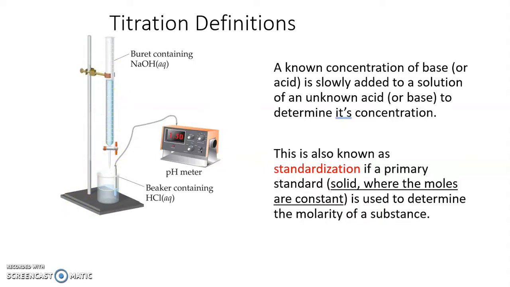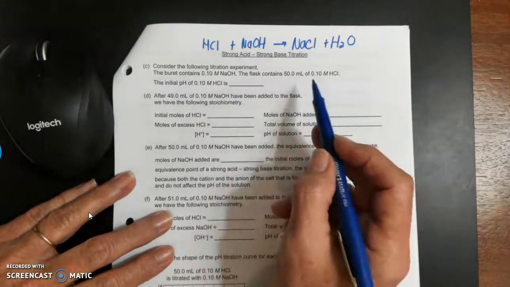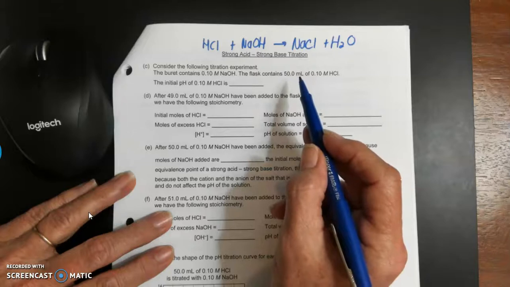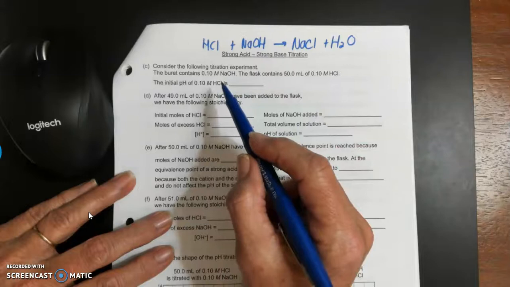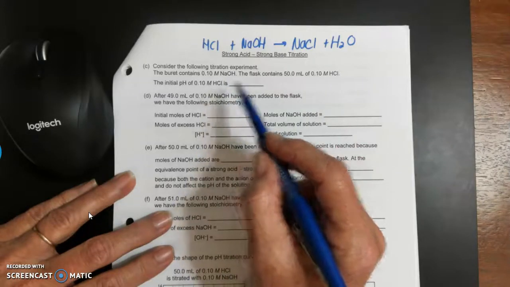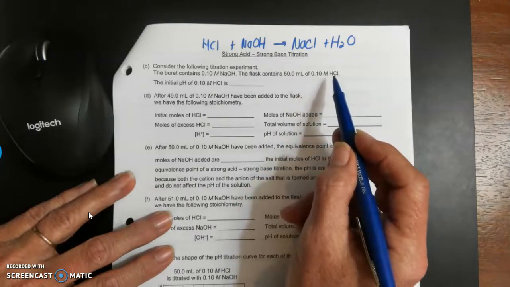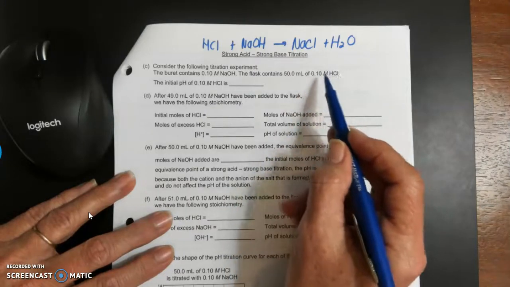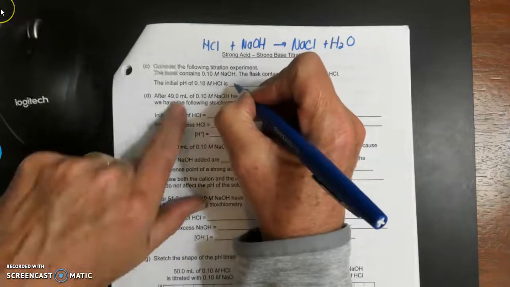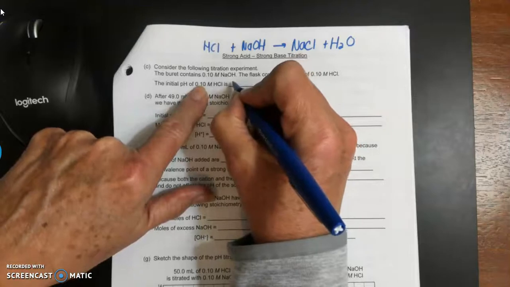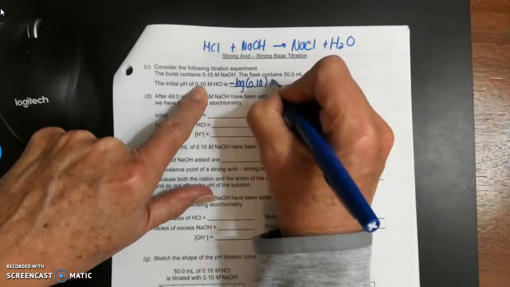If I want to find the initial pH, remember that, and a lot of people forgot about this, I can take the negative log of the concentration of HCl because all of my HCl is going to dissociate. So basically, the initial pH of this HCl solution is the negative log of 0.10, which is 1.